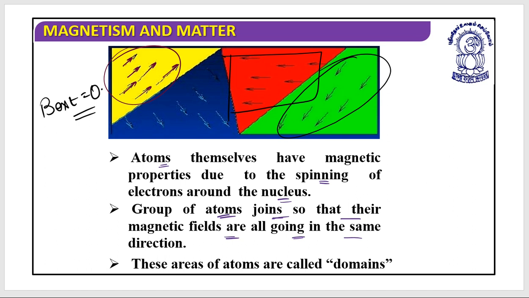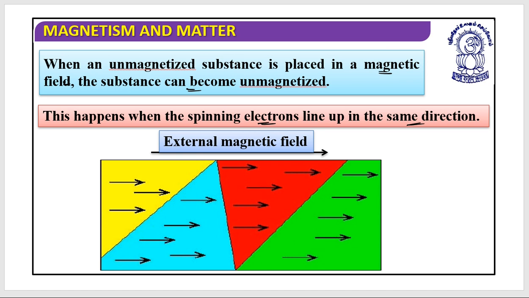But every electron of those domains is aligned in the same direction. So every electron of the different domains has the same direction within its domain. Now let's suppose this is the direction of the external magnetic field, in the positive x direction.